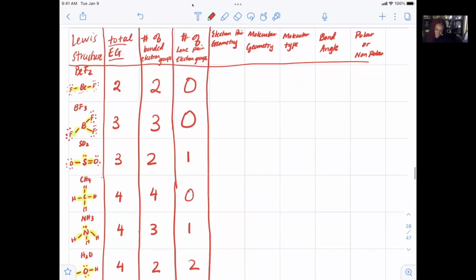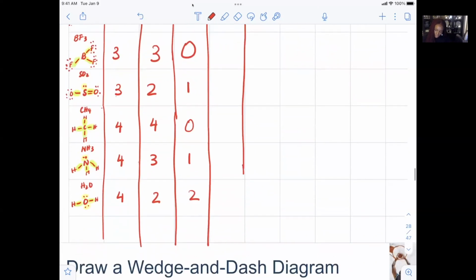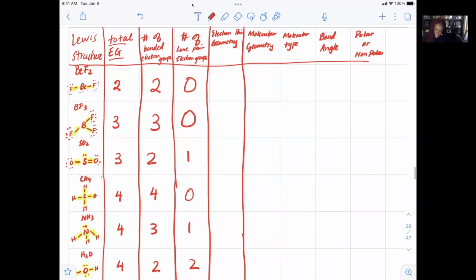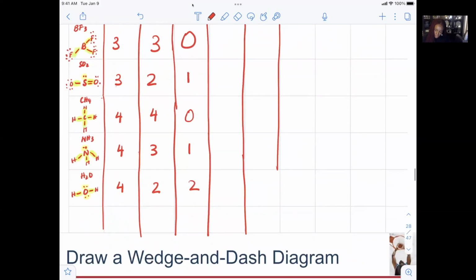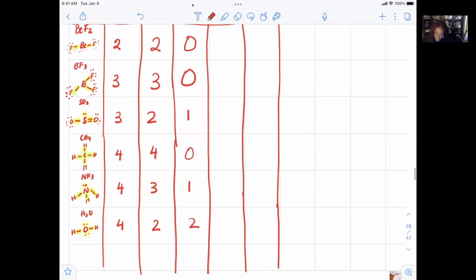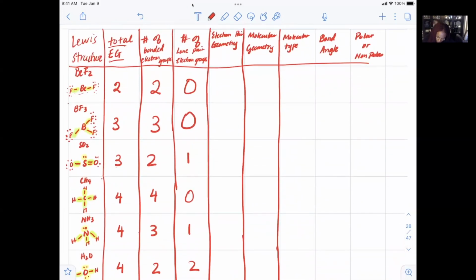Okay, so as we're working on figuring out the electron pair geometry, please know that the electron pair geometry you're using matches the molecular geometry if there are 0 lone pairs. What do I mean by this? Let me actually draw this across. I'm trying to make a table out of this.